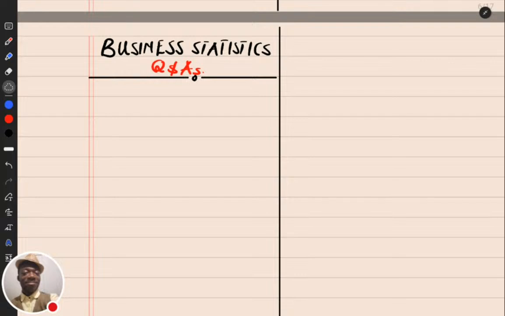So far as business stat exams are concerned, these are the key areas you want to understand in the introductory part of statistics. Going forward, talking about classifications of data, measures of location or central tendency, measures of dispersion.